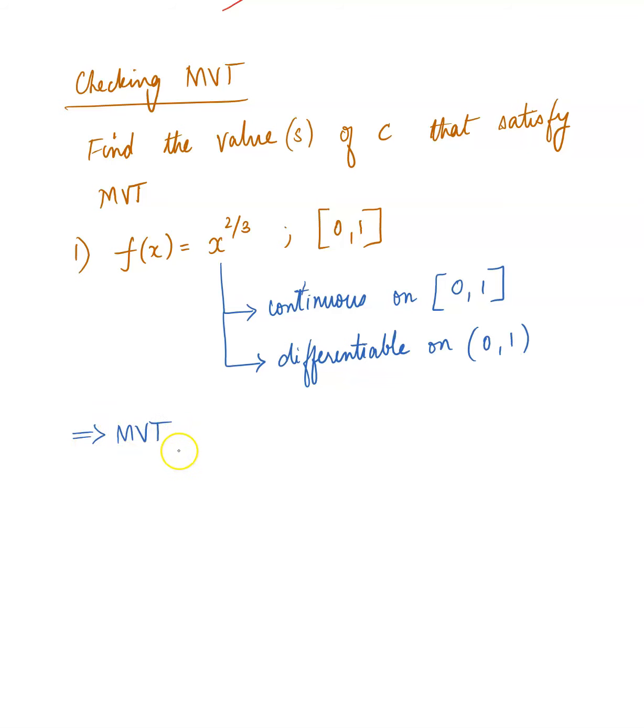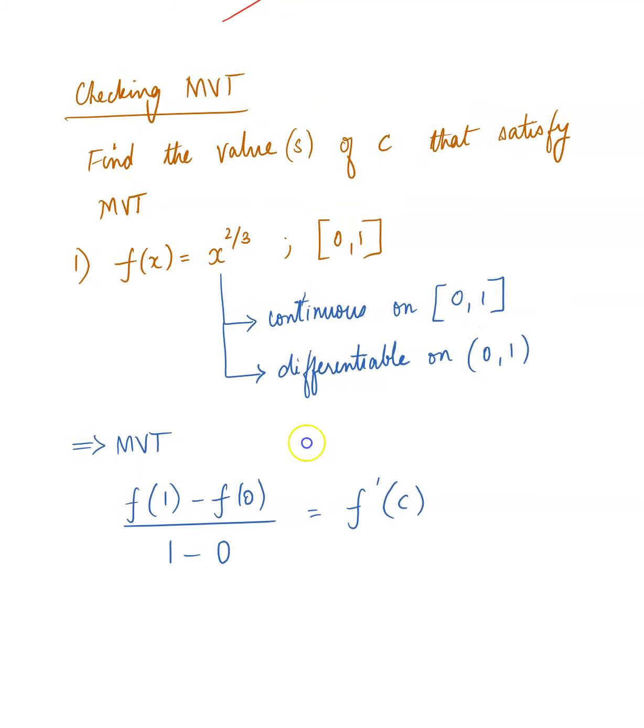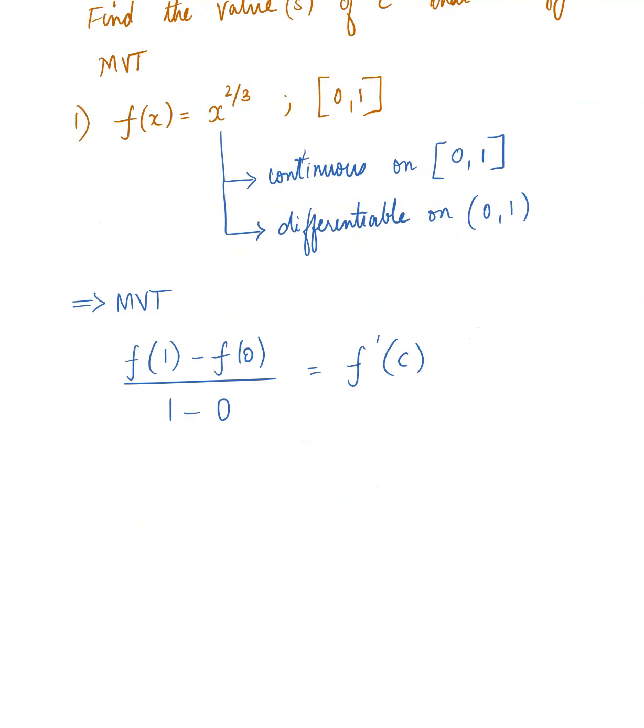MVT implies that f of 1 minus f of 0 over 1 minus 0, the secant line that connects the 0 and the 1 points, will be the same as f prime of c. So we need to find these individual values and then we are ready to plug them in. f of x is x power 2 over 3.